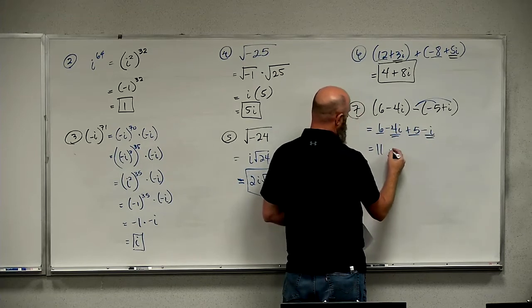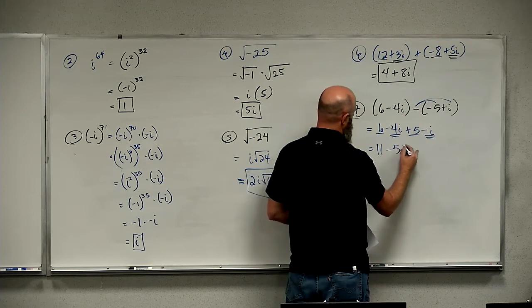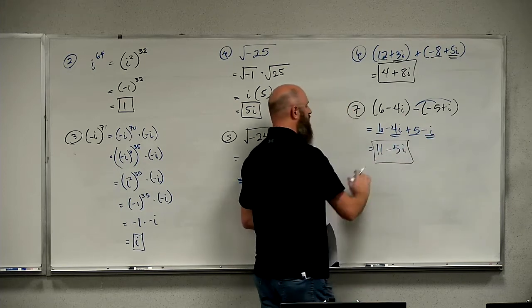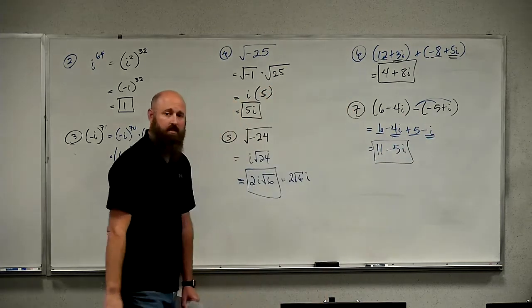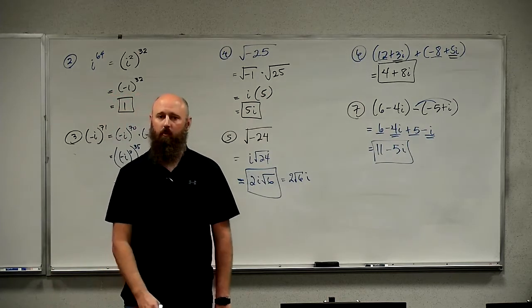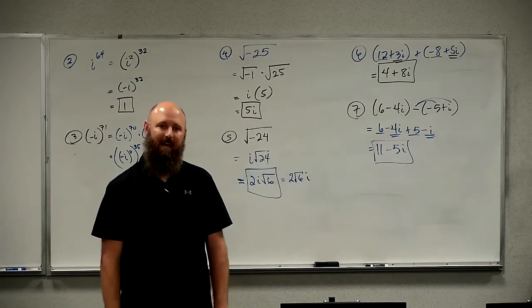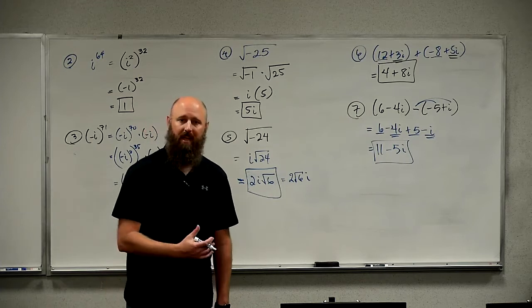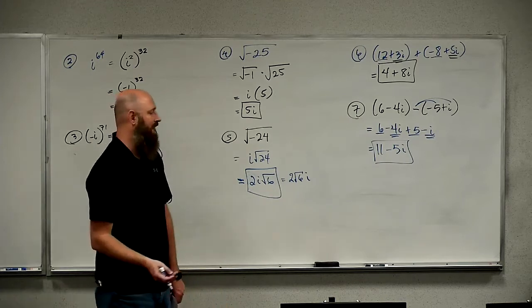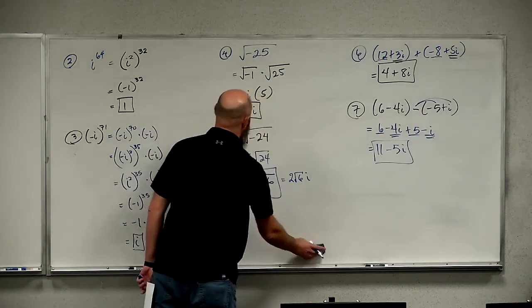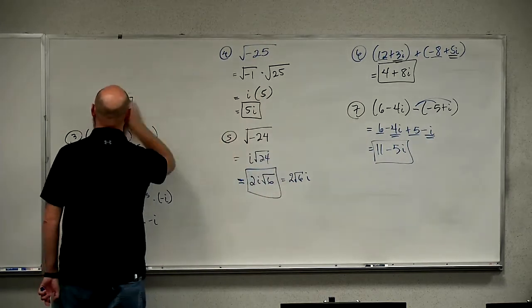Negative 4 minus 1 is a negative 5i. Now, you do need to put it in that order where the i piece comes second. Your instructions in your homework are going to say put it in a plus bi form, which means the number without the i first, the number with the i second. So do get in the habit of doing that.